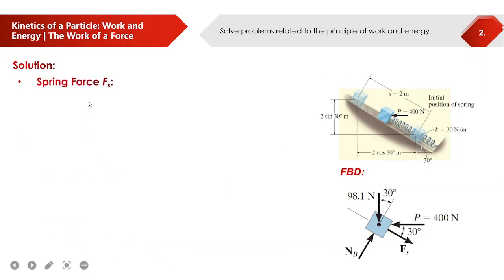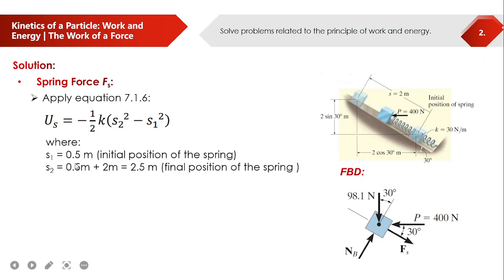For our spring force naman, apply equation 7.1.6. That will be U sub S is equals to negative 1/2 K times S sub 2 squared minus S sub 1 squared. Where your S sub 1 is 0.5, initial position of the spring. And then S sub 2 is equals to 0.5 plus 2, so that will be 2.5, final position of the spring.